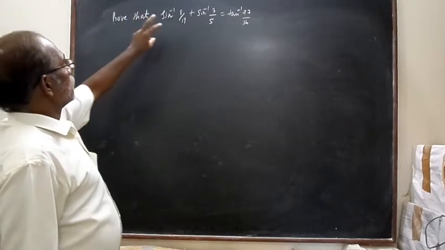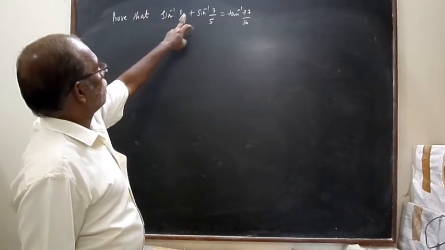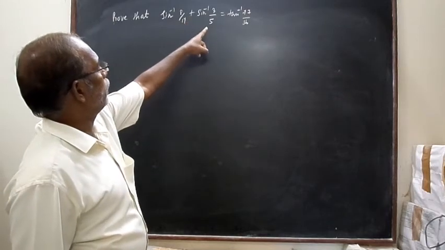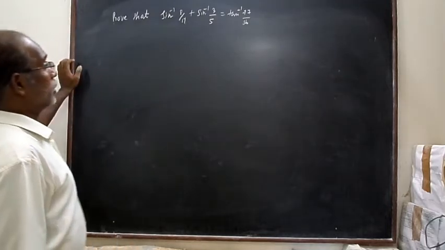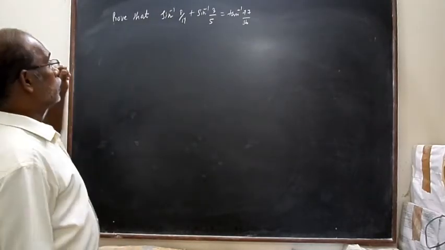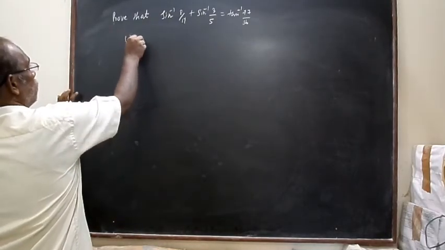Prove that sin inverse 8 by 17 plus sin inverse 3 by 5, the sum should be equal to tan inverse 77 by 36 using the conversion rule.